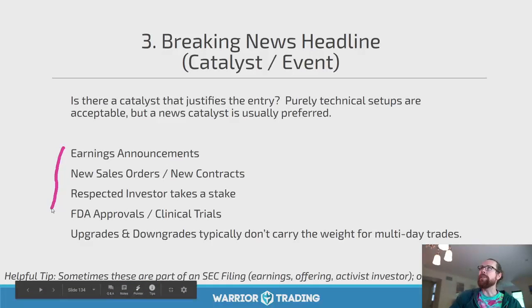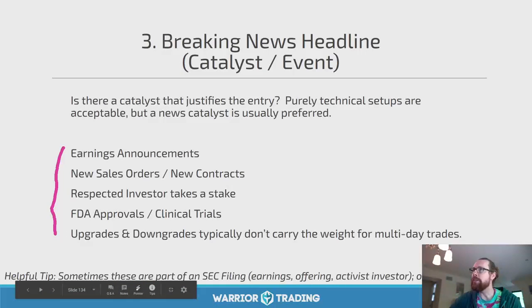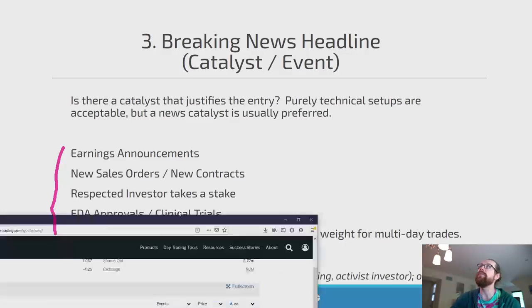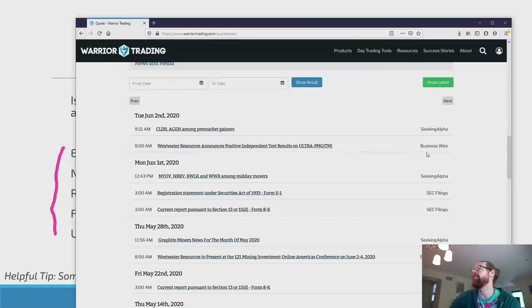So sometimes breaking news catalysts are going to come through an SEC filing, and sometimes they don't. Sometimes that is just a PR released directly from the company. It's sometimes a tweet from the company, and it does not always come through an SEC filing. So it's important that our news feeds are basically looking at the Business Wire.